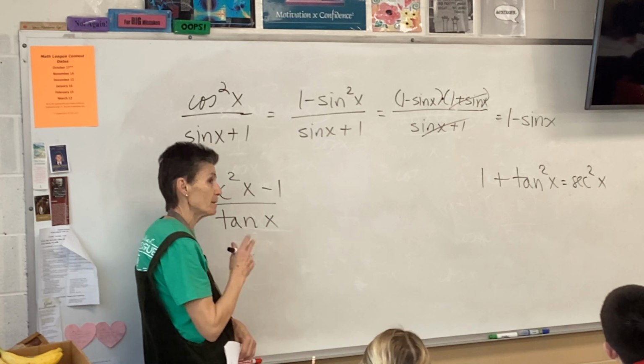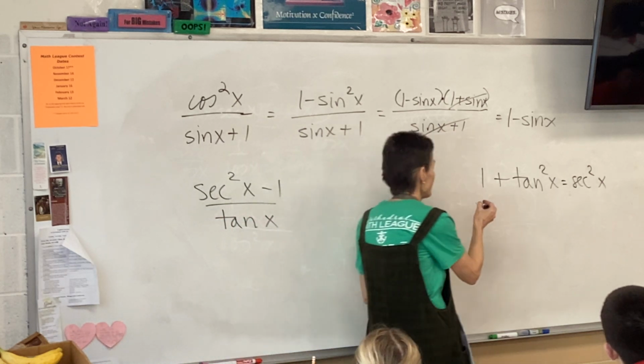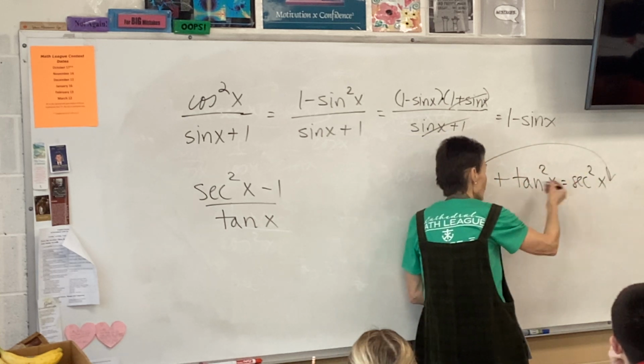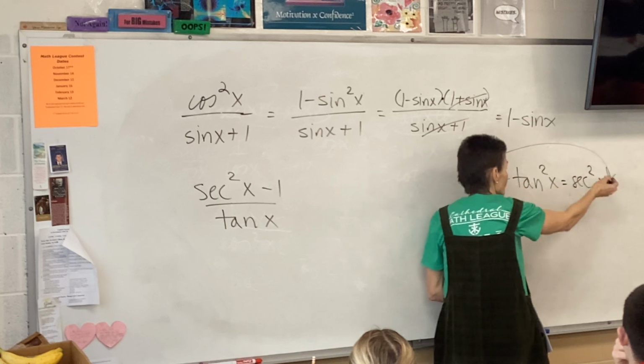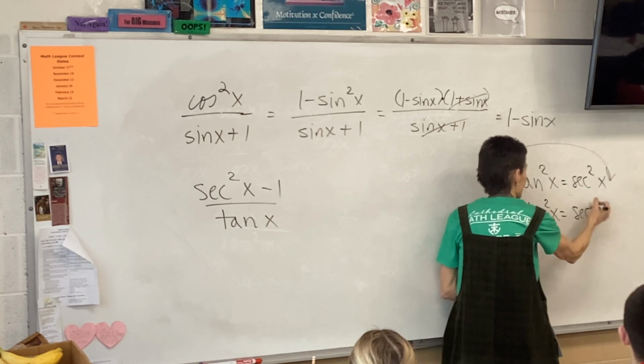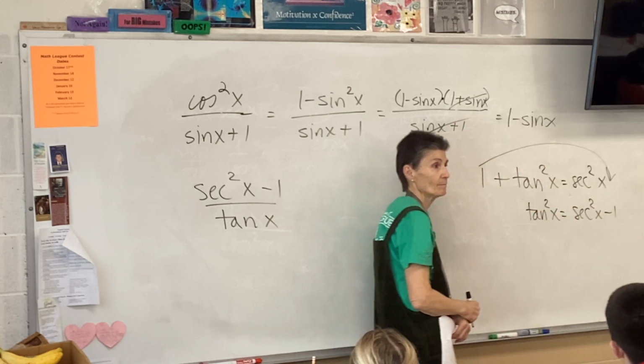So you can do this a couple of different ways. What happens if you move this 1 to the other side? What does that equation say if you move the 1 over here? Tangent squared equals secant squared minus 1?